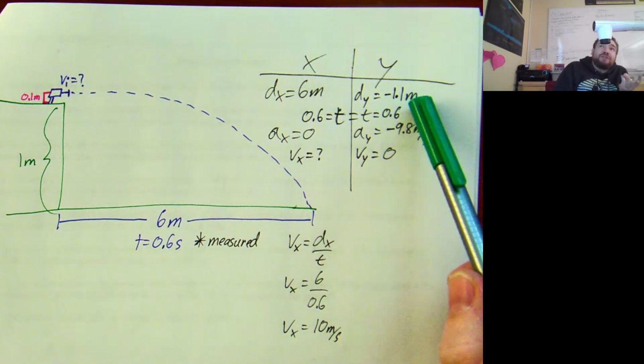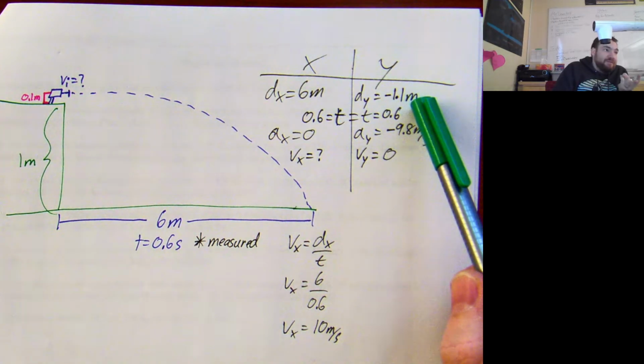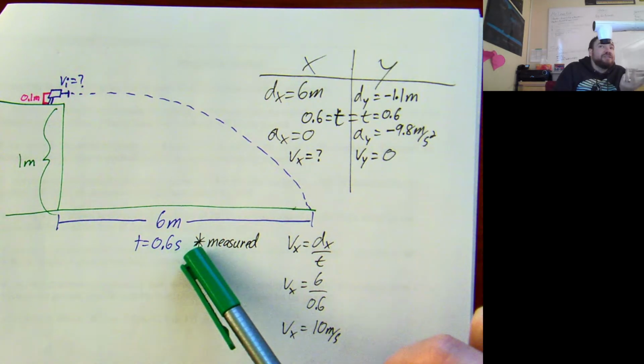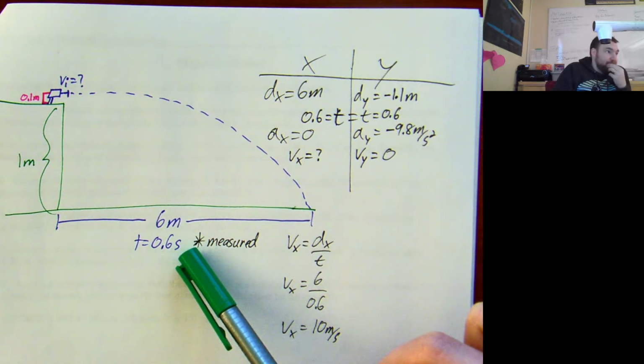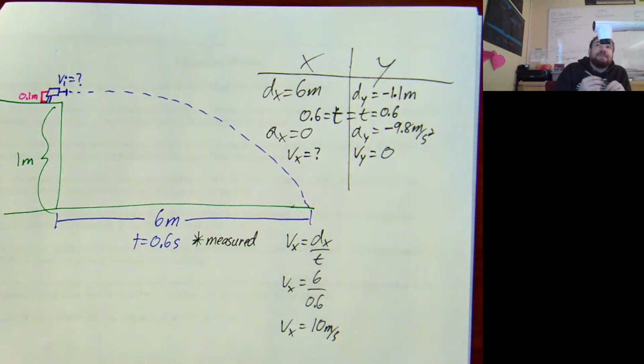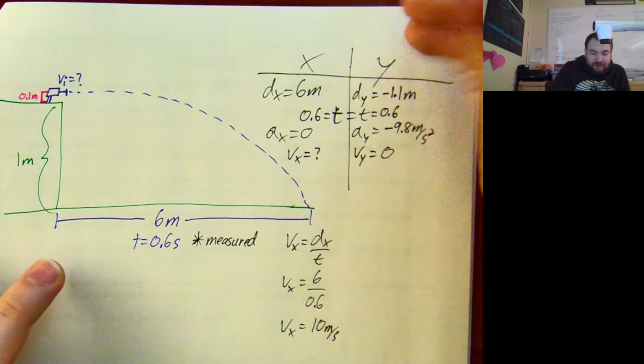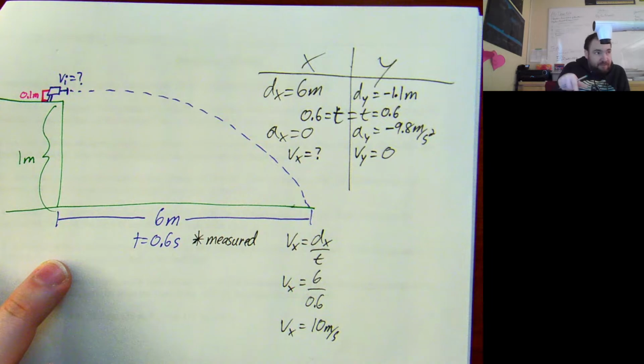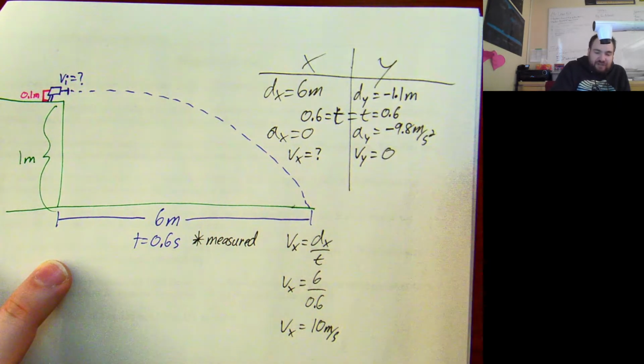And we know that the dart was being dropped from a height of 1.1 meters. So we could work it backwards. Okay, so let's see how good this measured value for time actually is. To do that, we're going to figure out what the time should have been using this information here.